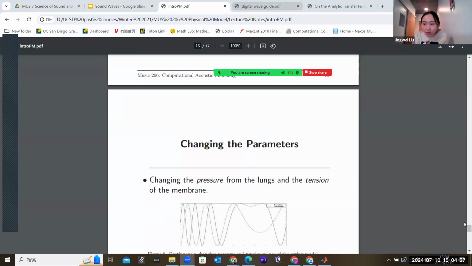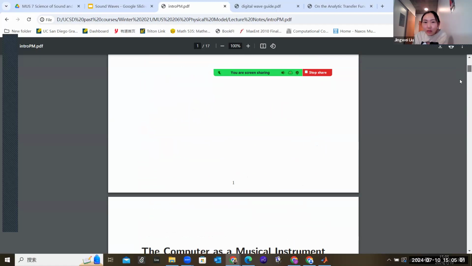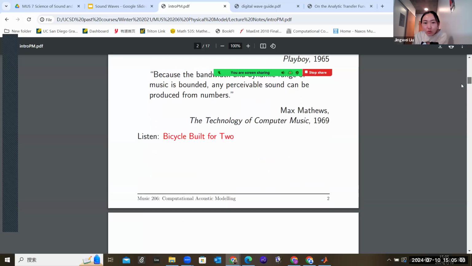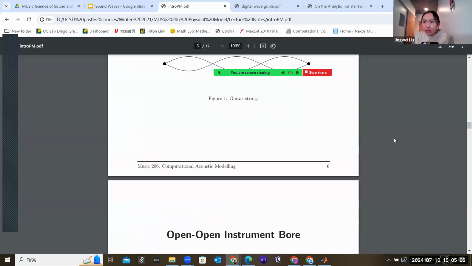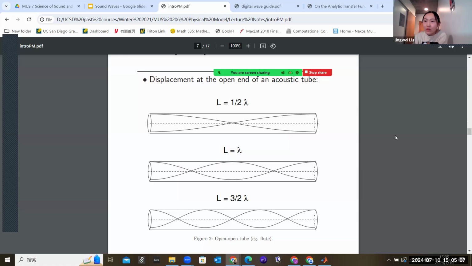Before I get into these examples, you don't need to do this by yourself, I guess, unless you are interested and you have the programming skill. If so, you can let me know, and I can give you some references or some materials.